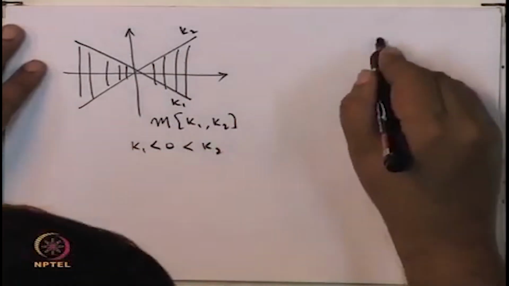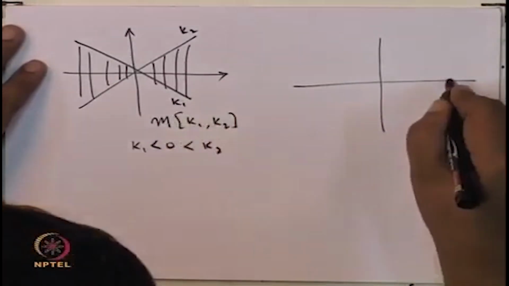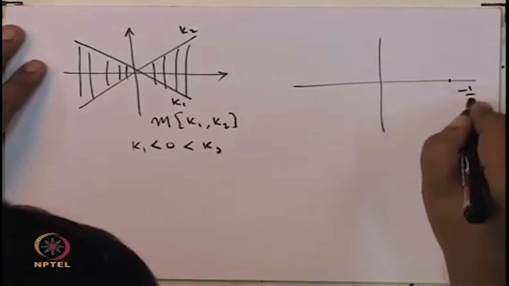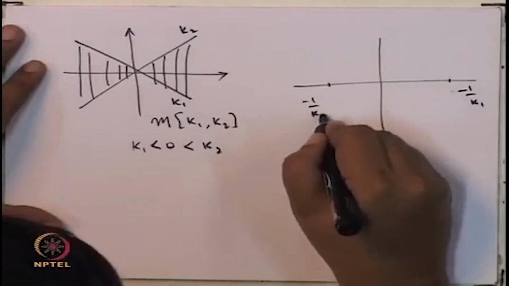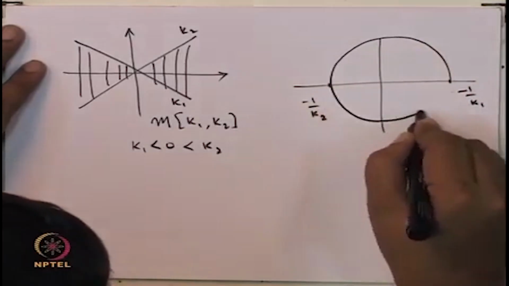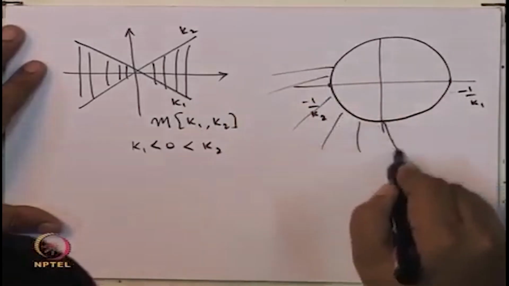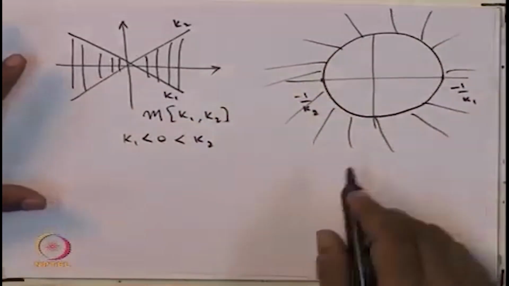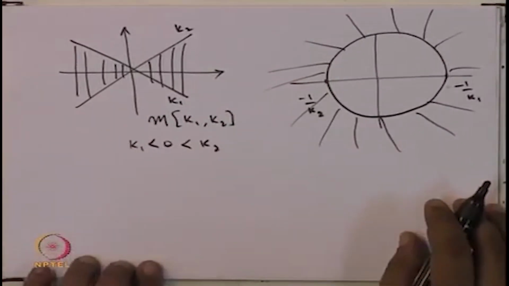Then what the circle criterion really tells us is because K1 is negative, therefore minus 1 by K1 is up here, and here somewhere is minus 1 by K2, and so you will have a circle, okay, and the forbidden region is the outside of the circle. So unlike the earlier case, now the forbidden region is the outside of the circle, okay.